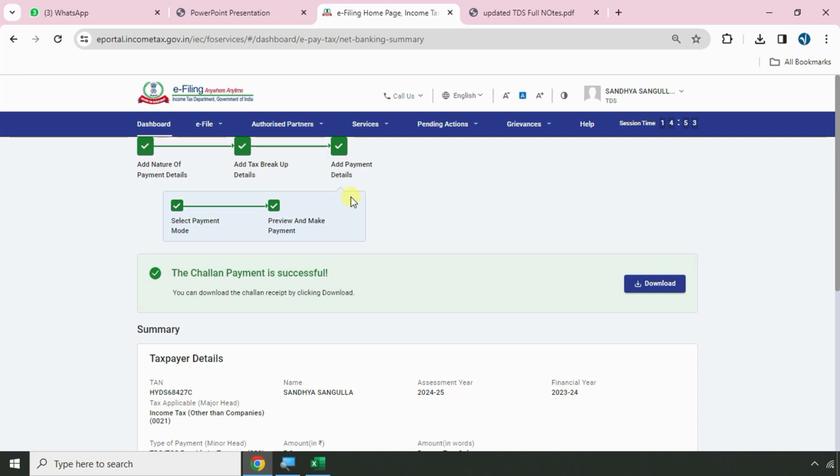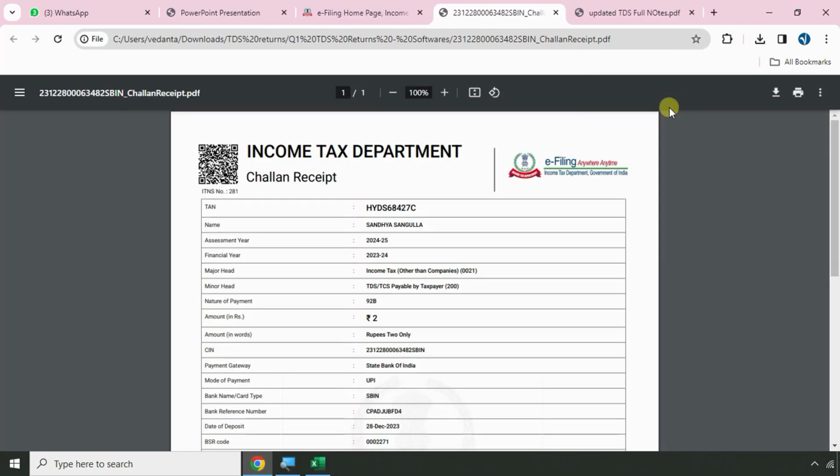Now after 3 months you need to download this challan. Now the amount deposited on our TAN, we need to file the TDS return. We need to transfer these challan amounts from our TAN to their PAN.